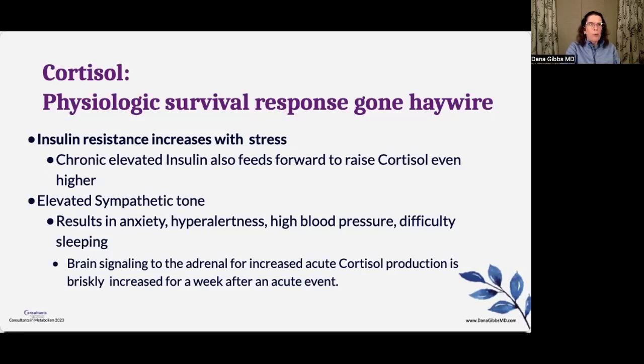And another result of the response to high cortisol is something called elevated sympathetic tone. And I need to define that because it has nothing to do with sympathy. This refers to the two different and opposite parts of the involuntary nervous system, the sympathetic and the parasympathetic.